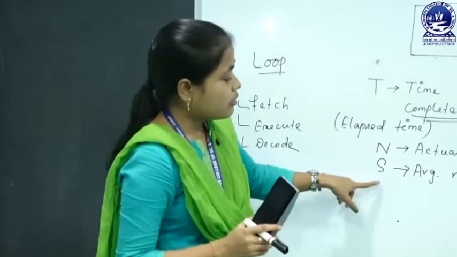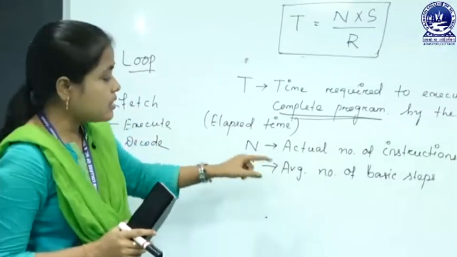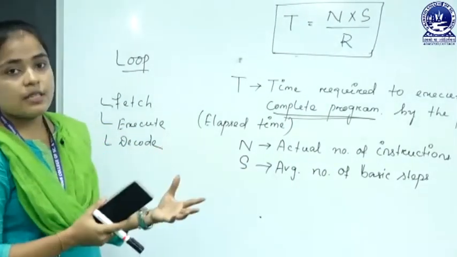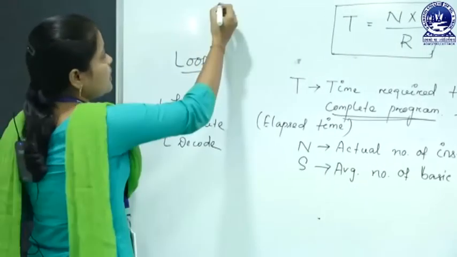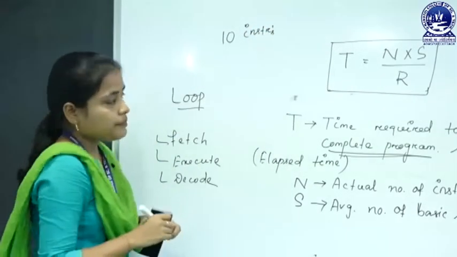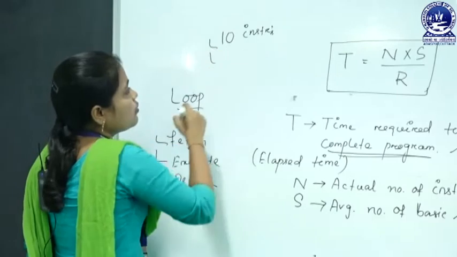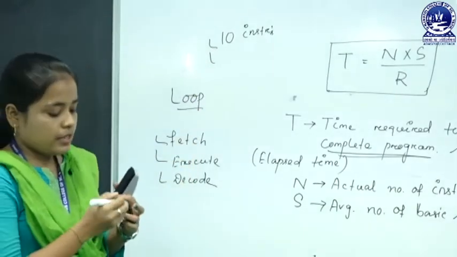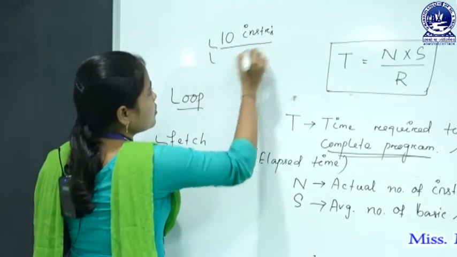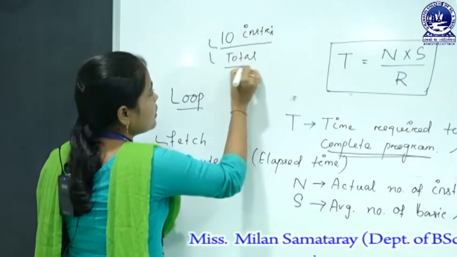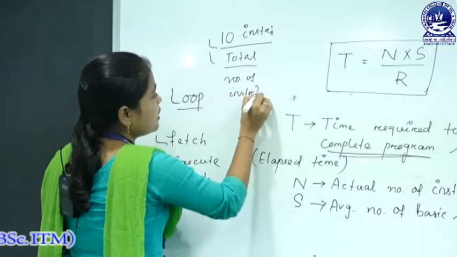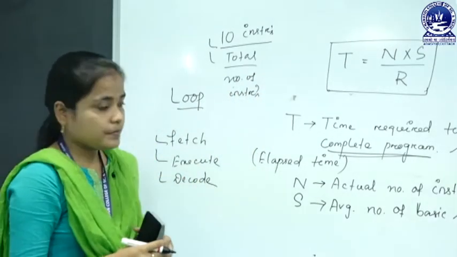But you have to calculate the average number of basic steps. An instruction may need 5 basic steps or 10 basic steps. If there are 10 instructions in a program and the first instruction takes 5 steps, the second takes 7 steps, and so on, the average number of basic steps is the total steps divided by the number of instructions.